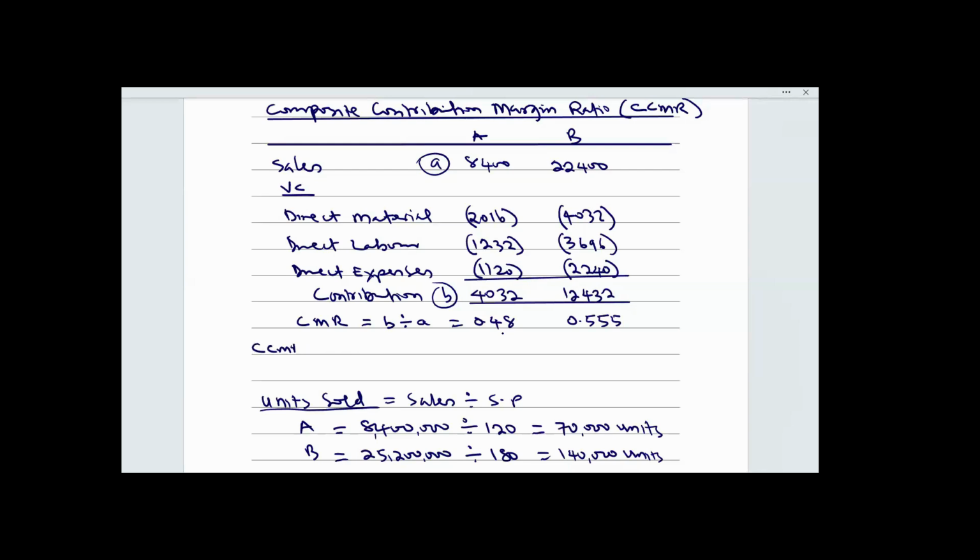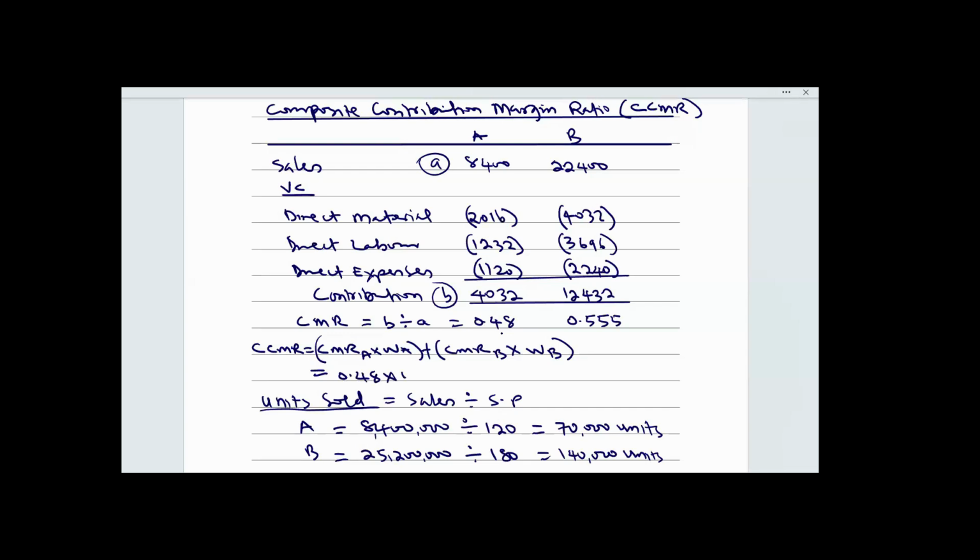Composite contribution margin ratio will be computed as the contribution margin ratio of product A multiplied by the proportion, the weight of product A, plus the contribution margin ratio of product B multiplied by the proportion of product B. The contribution margin ratio of A is 0.48.